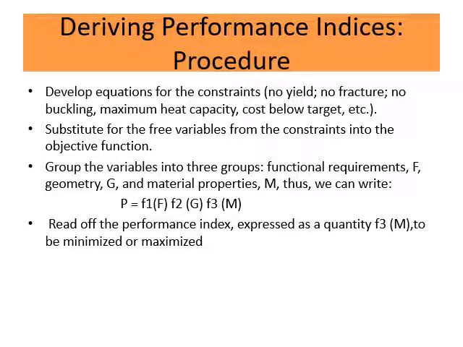Seventh, group the variables into three groups: functional requirements F, geometry G, and material properties M. Thus, we can rewrite the equation of performance P as function 1 for the function, function 2 for the geometry, and function 3 for the material properties.